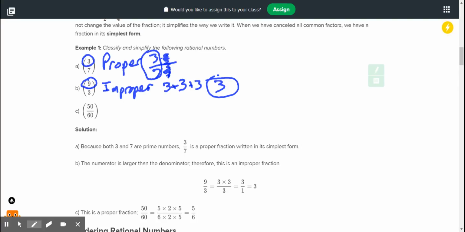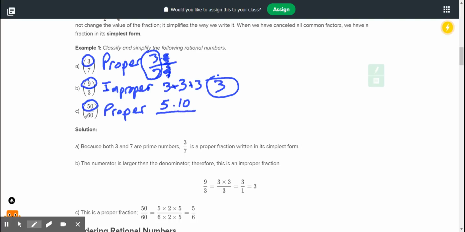The last one here, if I look at it, 50 is smaller than 60. So I know that I have a proper fraction. And I'm going to see what they have in common. So to make 50, I can take 5 times 10.